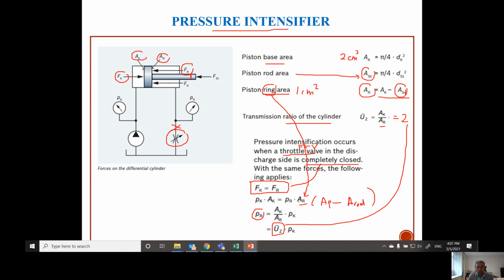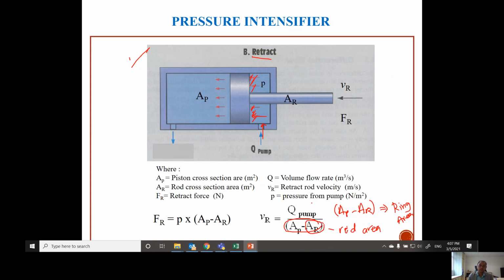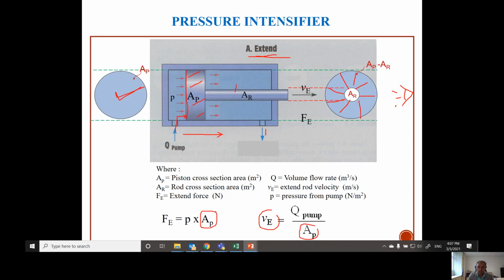Please again don't get confused between the AR. So all you have to know is that to calculate the force or the velocity during retraction, you have to consider AP minus rod area, which is the ring area. Okay, AP minus AR. Because in your quiz 2, you have to be sure about this.